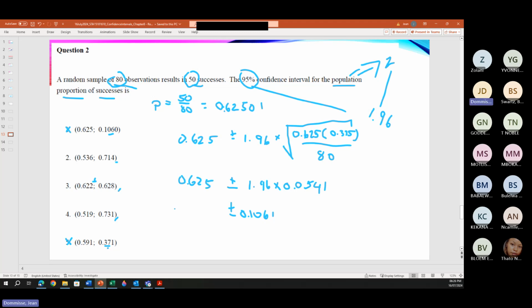So if we then do that calculation of 0,625 plus 0.1061, I get the top end 0,731.